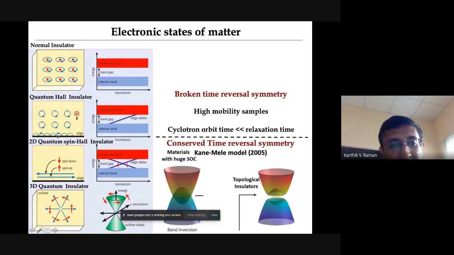Therefore, these are systems where even if you have impurities, the electrons will just go around the impurity without being deflected, without affecting their velocity or momentum. They will still propagate dissipationless. They will not exchange any energy with the system. So it's like a highway where the electrons can flow easily with high mobilities.